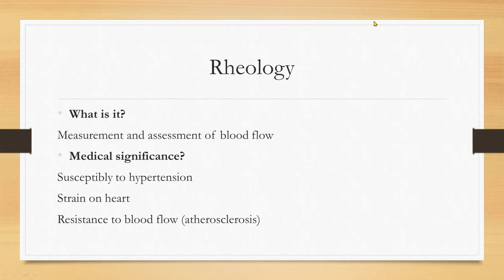Resistance to blood flow is very commonly observed in people having atherosclerosis, which is basically a clot blocking the arteries and causing the diameter of the arteries to decrease. Okay, so let's start.